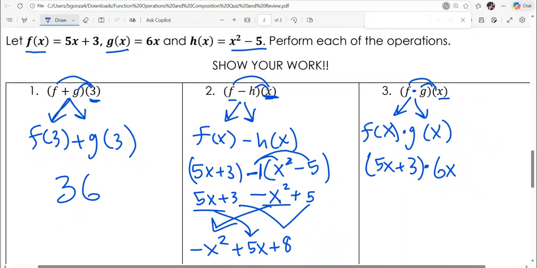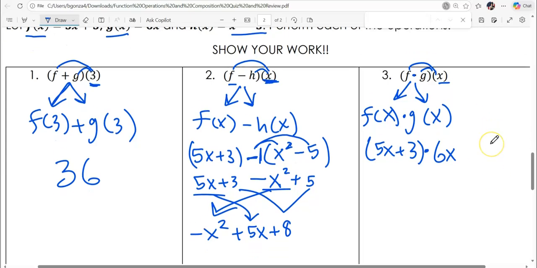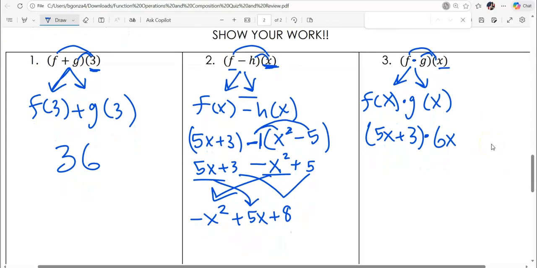Yeah. Now, when you do this, then you want to distribute this times this and this times this. What's 6 times 5? So multiplying 6x times 5x. 6 times 5? 30. x times x.